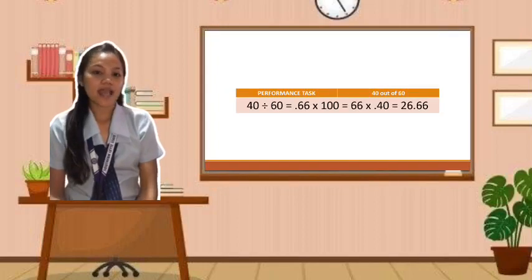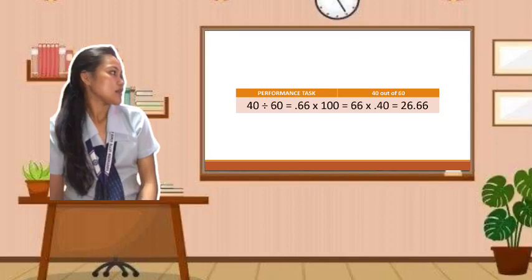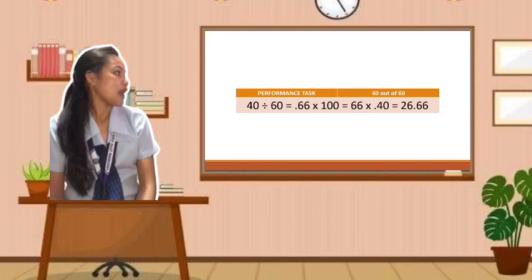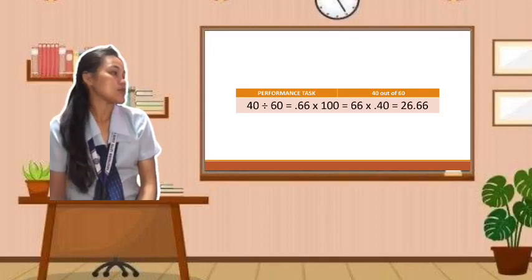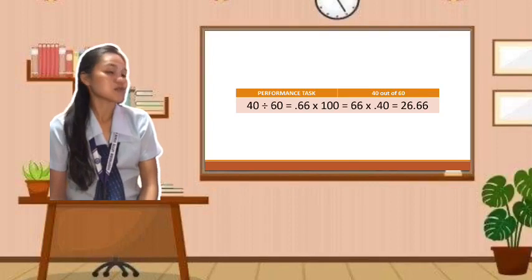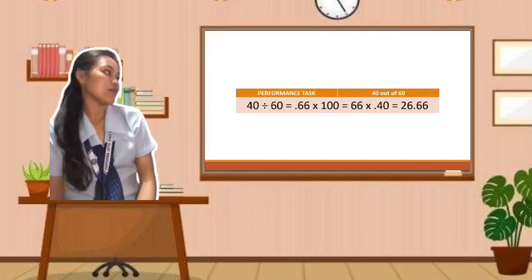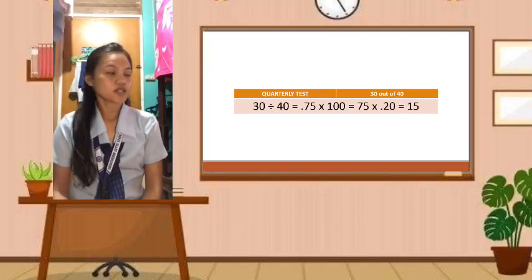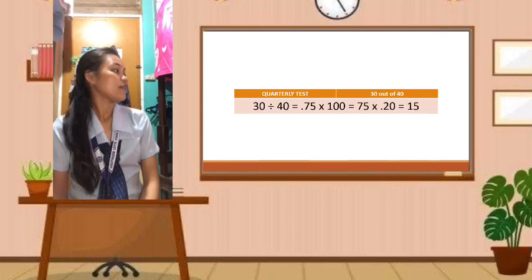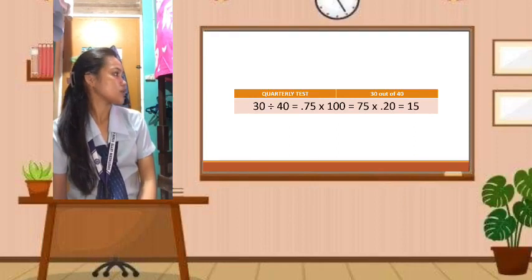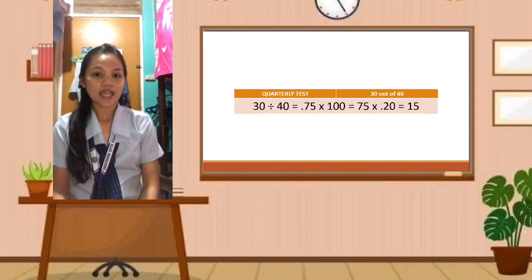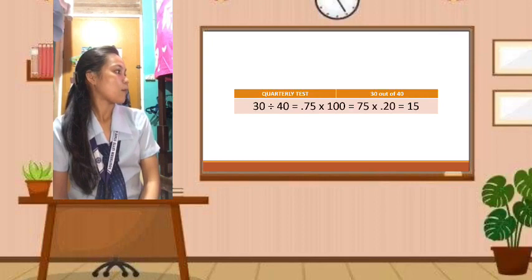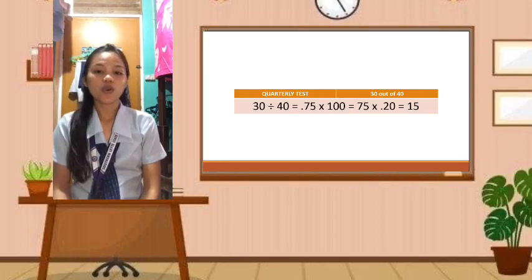For the performance task, we have 40 divided by 60 is equivalent to 0.66 times 100 is equivalent to 66 times 0.40%, which is equivalent to 26.66. And for the quarterly test, we have 30 divided by 40 is equivalent to 0.75 times 100 is equivalent to 75 times 0.20 is equivalent to 15.